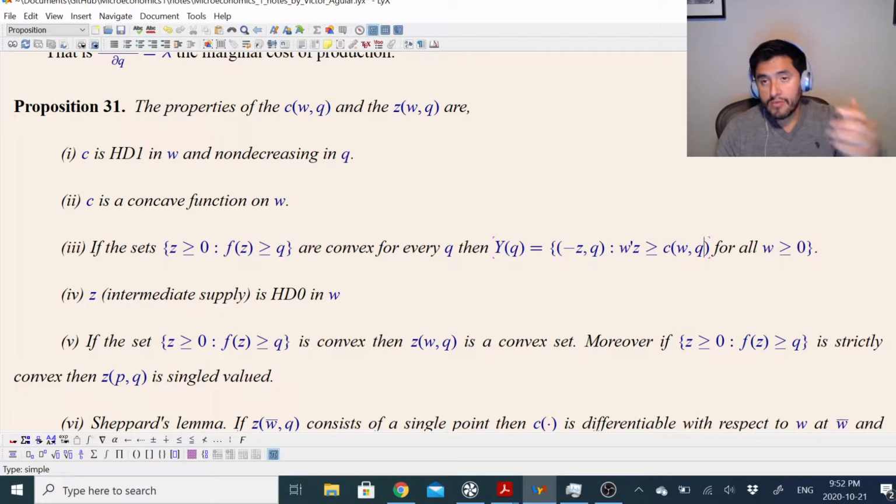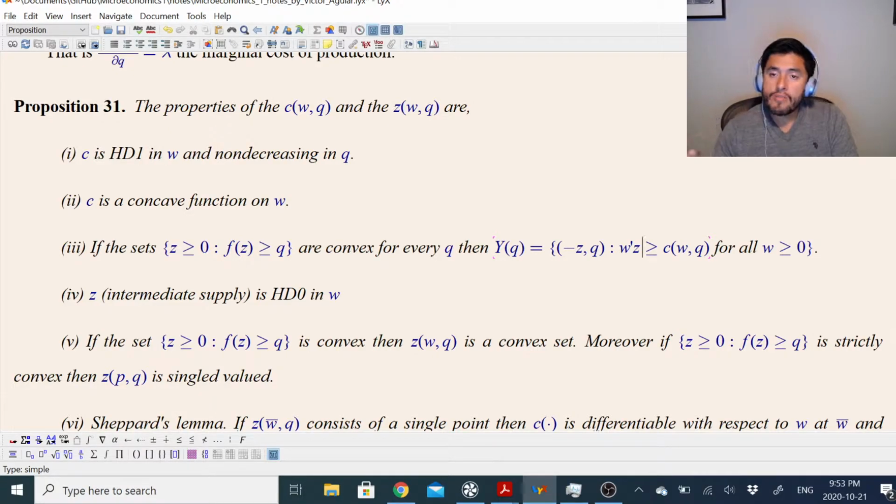So it's the same idea as before. I use my hyperplanes, or basically lines of W, which are prices, and then I evaluate a candidate input set, and then I check these inequalities for the cost function. So I fix the Q, and then I check for a fixed price W, whether the multiplication of the prices times the candidate set is greater than or equal to the cost.